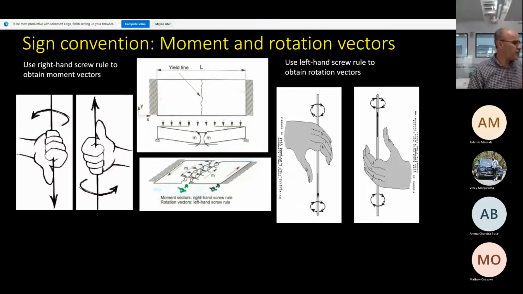I don't know if you did physics in your secondary school, where we used to convert electromagnetic fields. Do you remember it? You have an electrical wire and a magnetic field created by the electricity. It's a very similar thing.